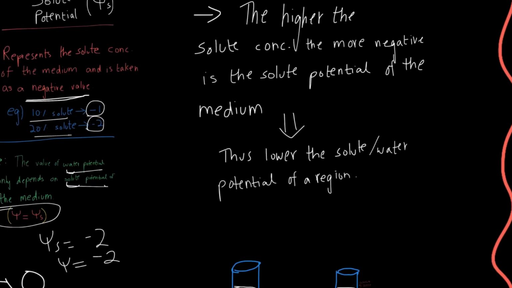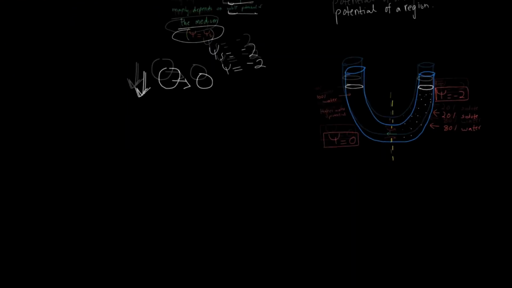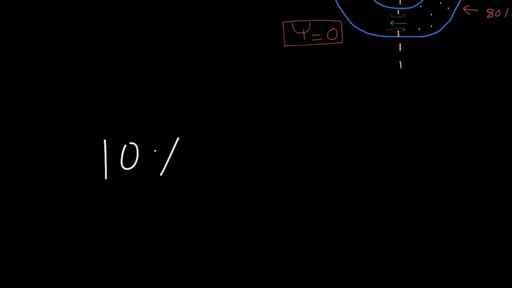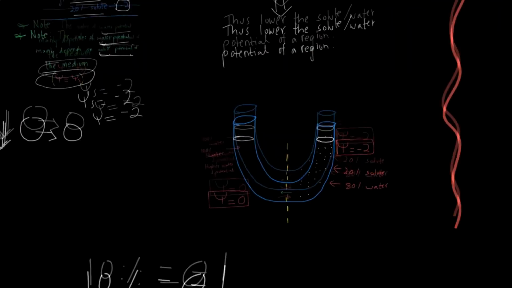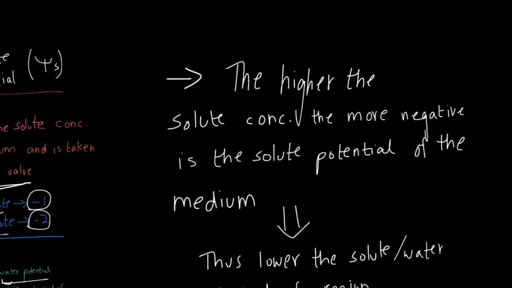Now do not mix the terms concentration and solute potential, although they're related. If something has 10% solute concentration, as I mentioned right here, it will have a -1 value. So this negative comes over here, right? This statement, I'll just explain it.